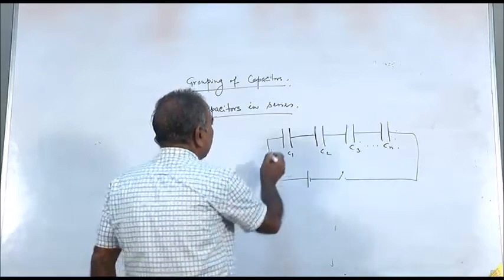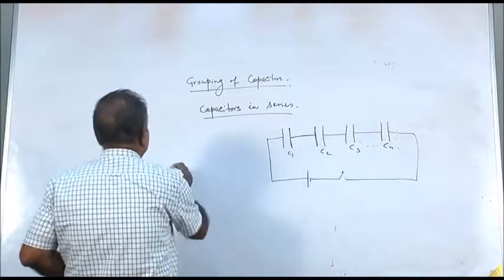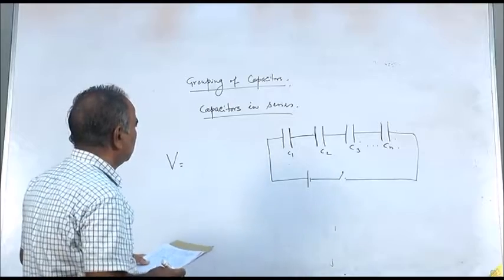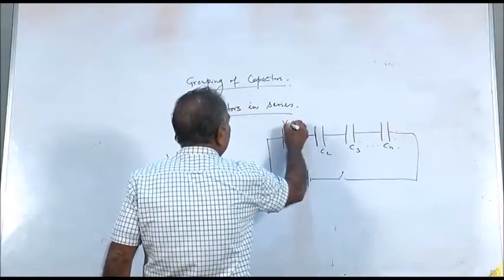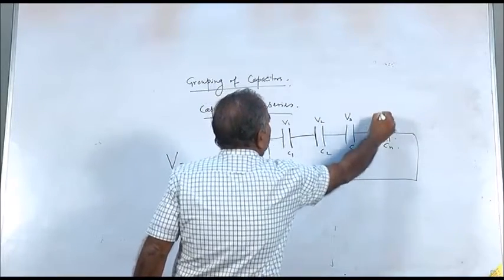So the potential developed between these 2 points, if it is V, will be equal to the potential developed here V1, V2, V3 and Vn.